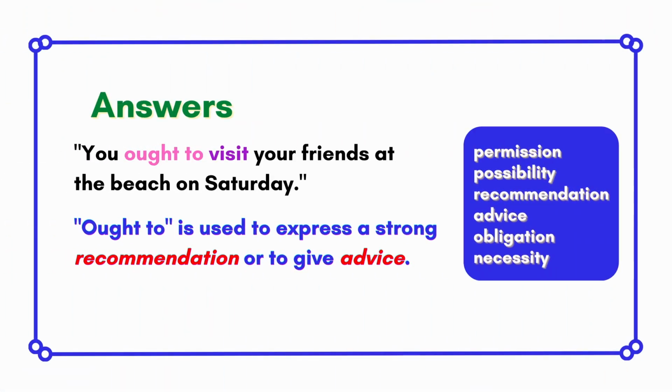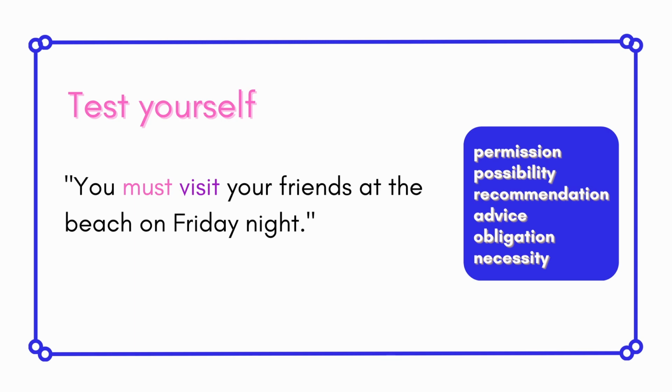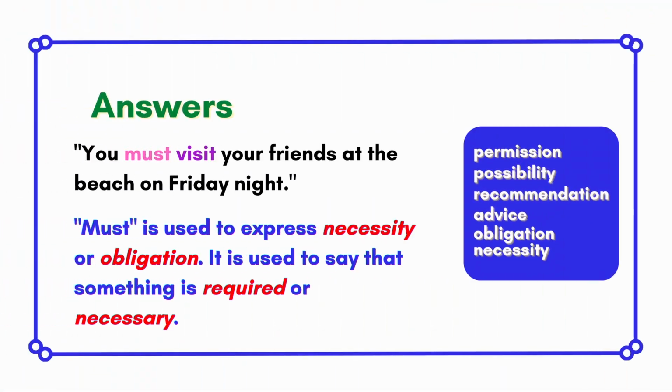So ought to is used to express a strong recommendation or to give advice. Number 3, you must visit your friends at the beach on Friday night. Go and have fun. Must is used to express necessity or obligation, and it is used to say that something is required or necessary. So it's very, very, very necessary to go have some fun.